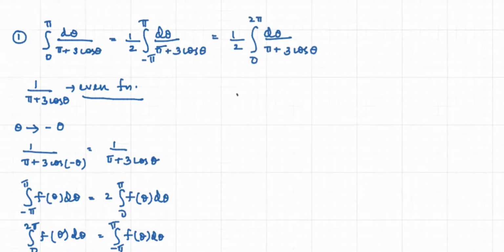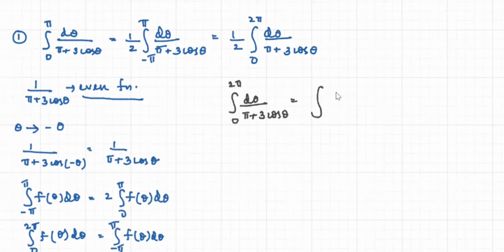So let's do integral 0 to 2 pi d theta by pi plus 3 cos theta, and that is equal to integral d theta will change to dz by iz divided by pi plus 3 times cos theta, which is z plus 1 by z divided by 2.